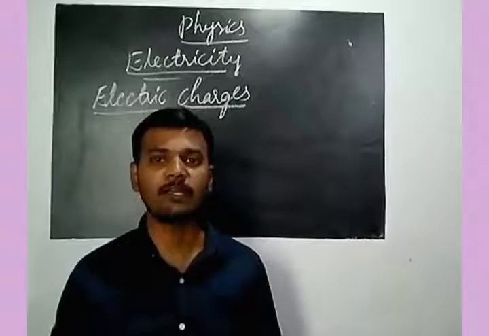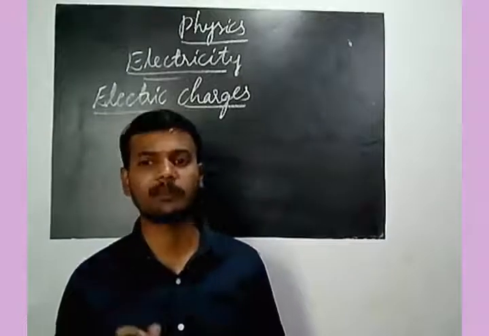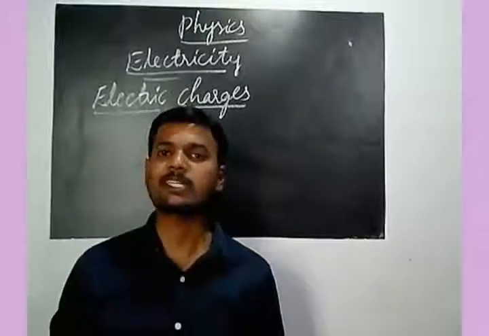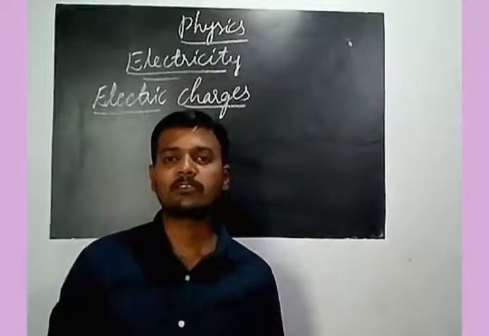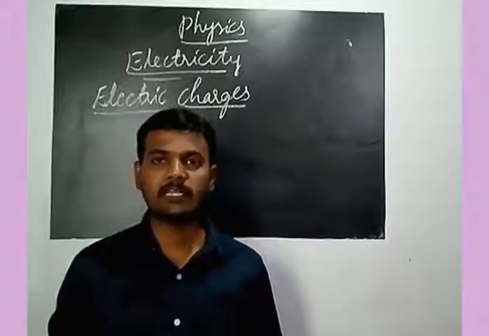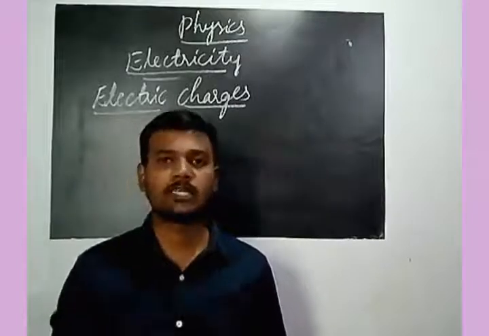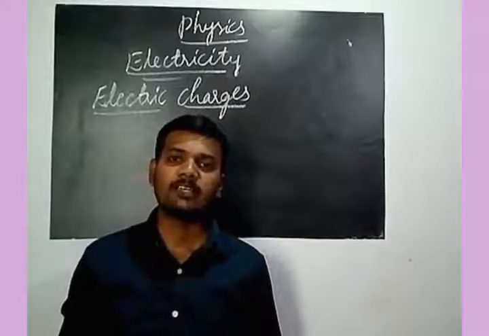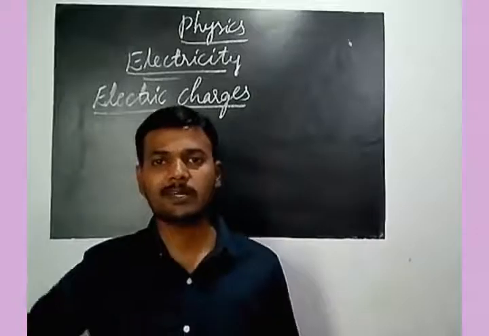It is defined as the excess or deficiency of electrons on a body. Every body constitutes electrons and protons. So the excess or deficiency of electrons on a body gives it electric charge.